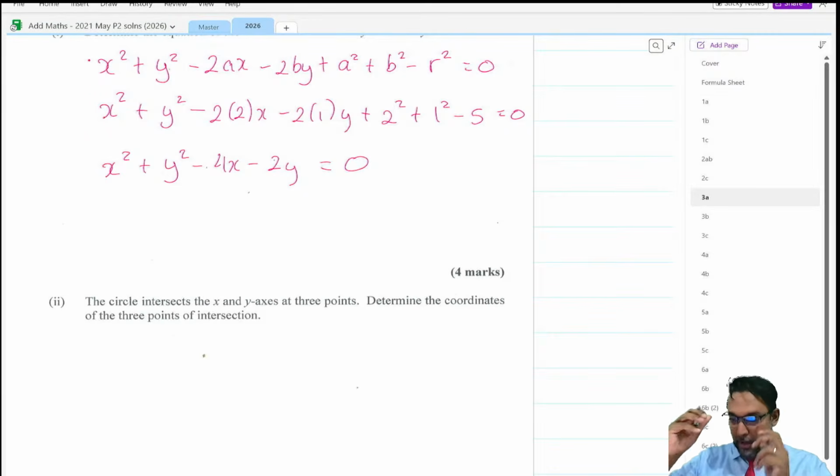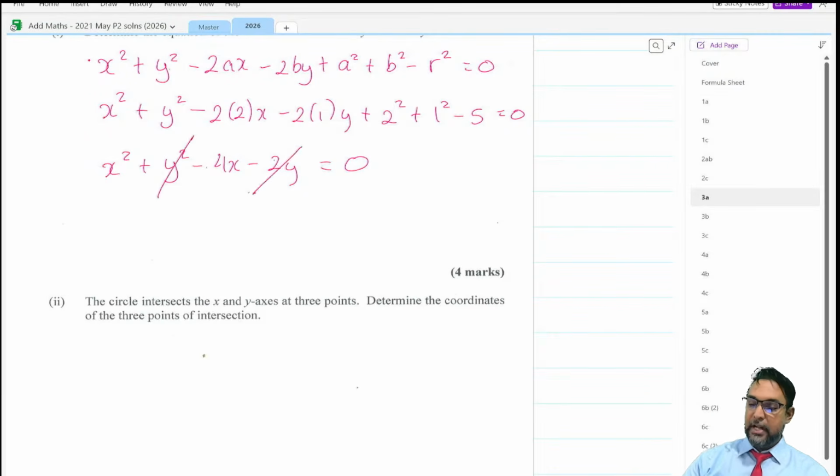If we sub y equal to 0 here, it's going to cancel all that, leaving us with x squared minus 4x, which is a quadratic with no constant. So when you factor it, you're going to get 2 values of x. When you sub x equal to 0, you're going to get y squared minus 2y, which is a quadratic. When you factor it, you're going to get 2. Interestingly enough, in each case, one of those 2 is 0, right?